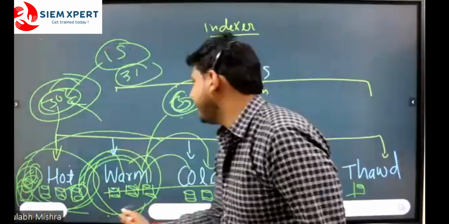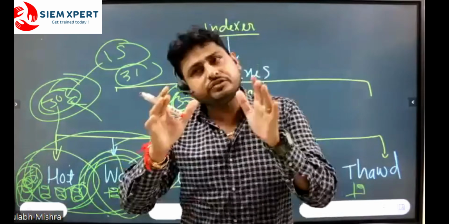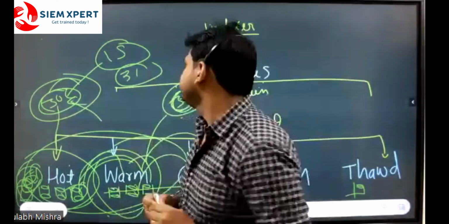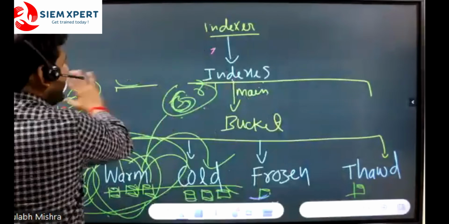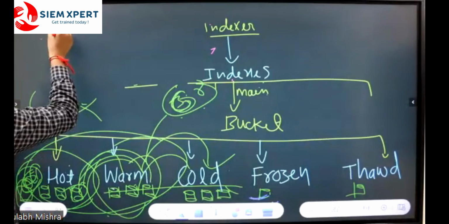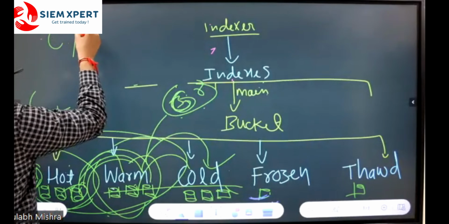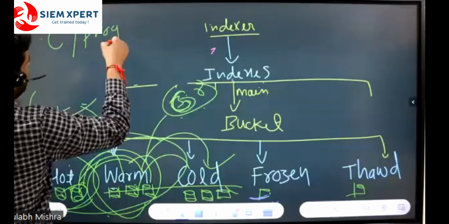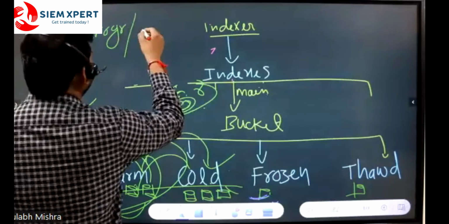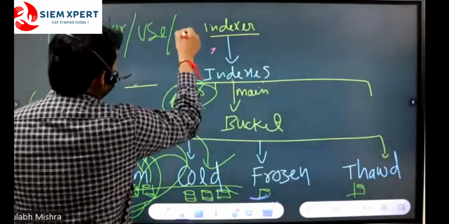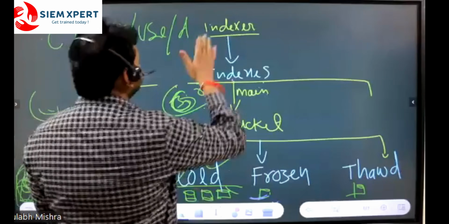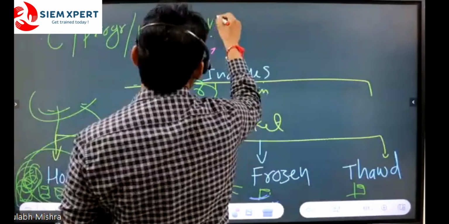Hot and warm buckets are stored on the same path. For example, whenever you are storing anything, you give the path. In Windows, you will go to C drive, then Program Files, then User, then Desktop. In the desktop, you have a my data folder.